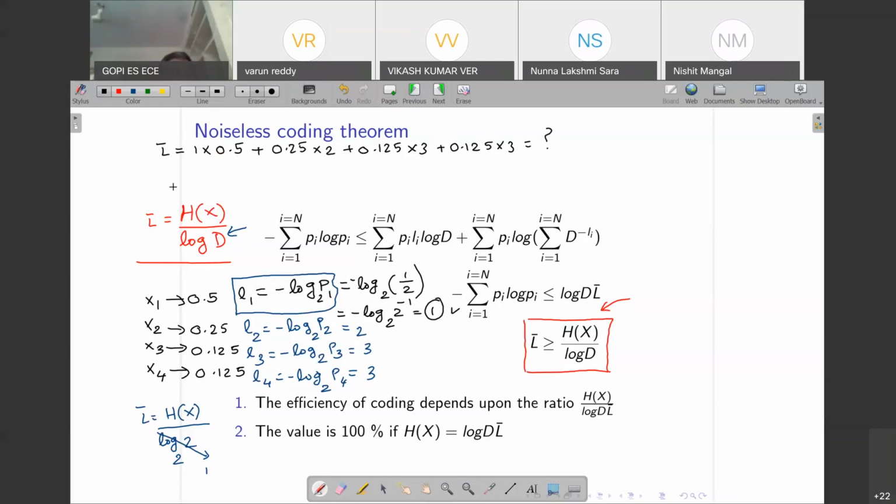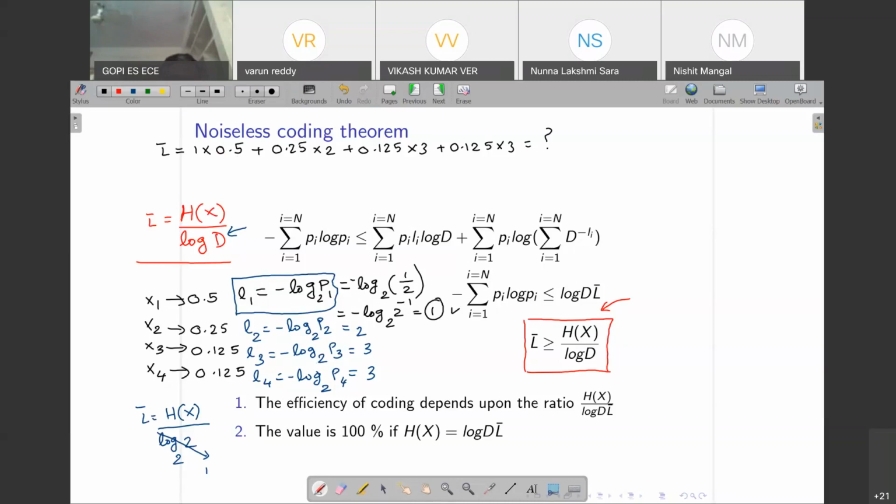How is this h of x, this average, calculated? It is the average in comparison, right? Minus sigma probability into log 2 of this probability. It is like minus into what?